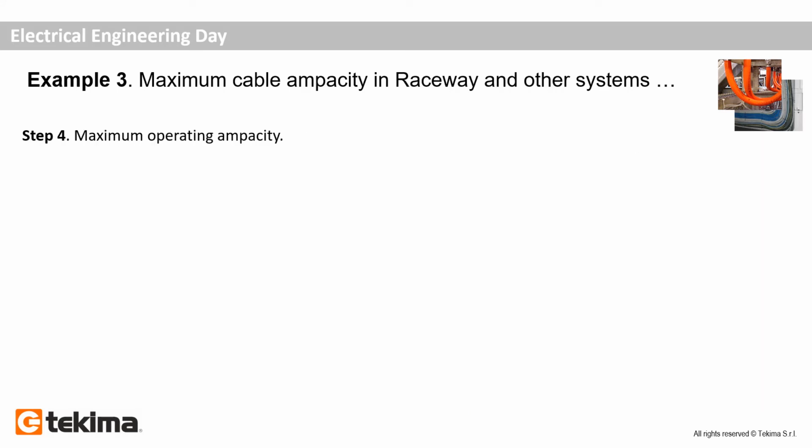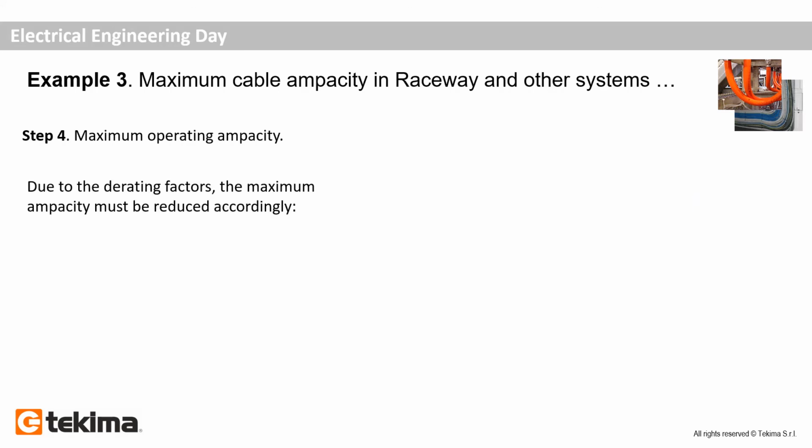Step 4. Calculate the maximum operating ampacity. To do that, we have to apply the adjustment factors to the nominal ampacity of the cable. So we have 30 amperes multiplied by 1, that is the ambient temperature rating factor, multiplied by 0.45, that is the derating factor related to the conductor grouping.